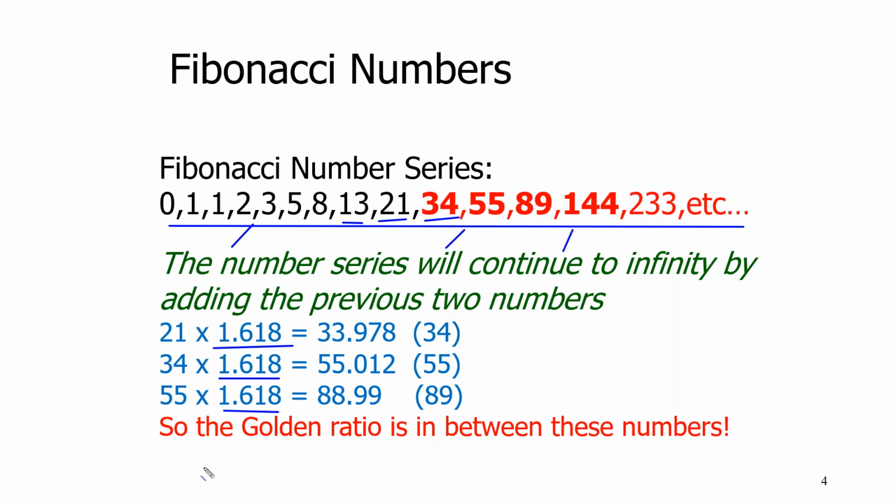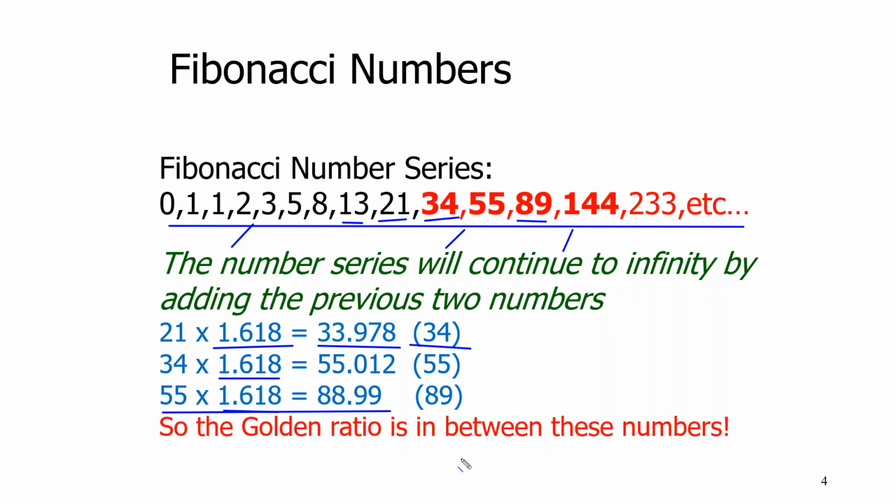So for example, 21 times 1.618 gives you the next number. Well, close enough, 33.97, okay? 55 times 1.618 gives you 88.99, basically the next number, which is 89. So the golden ratio is in between the numbers.